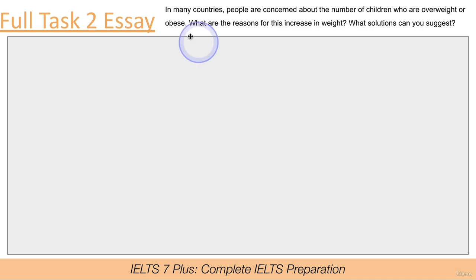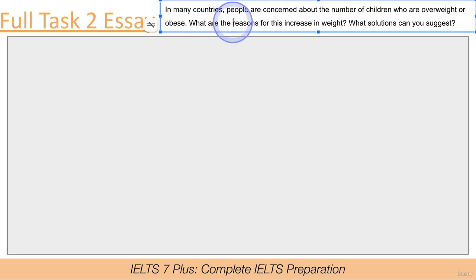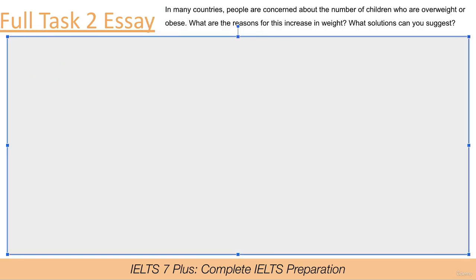Okay, so what do we do first, you might be thinking? Well, the first task we need to do is paraphrase this first sentence here. So in many countries, people are concerned about the number of children who are overweight or obese. That's what we need to put into our own words.